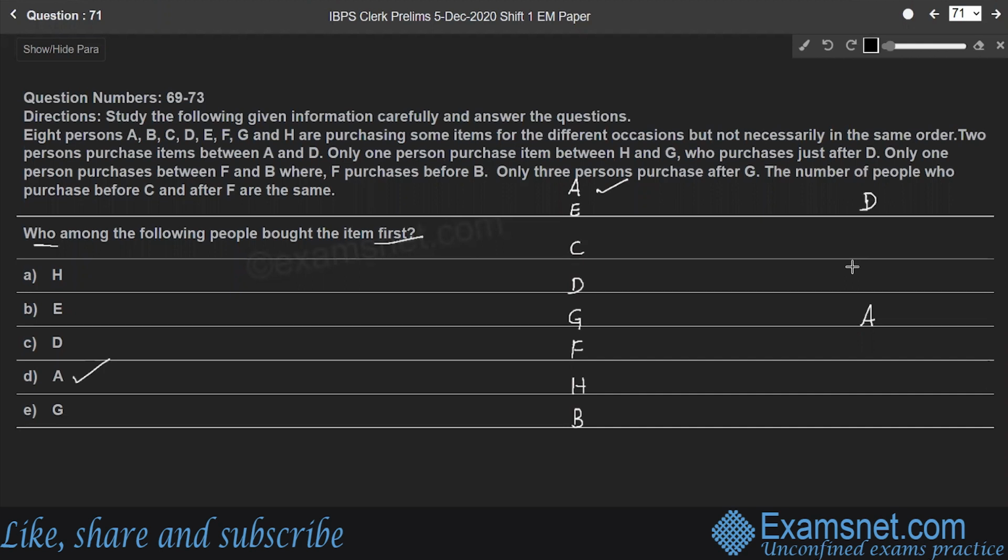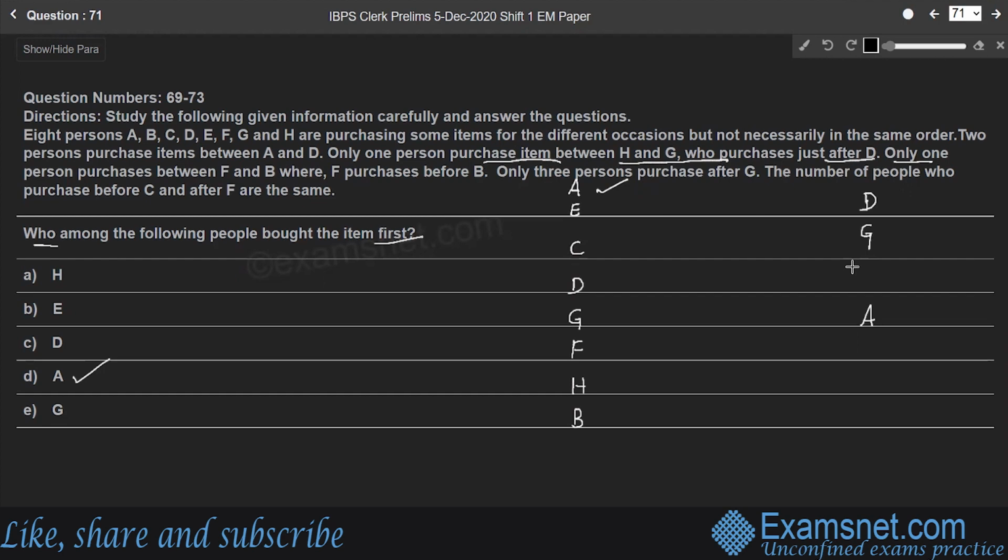So here, according to the question, only one person purchases item between H and G who purchases just after D. Then position of G becomes here after D. And the remaining things, only one person purchases item between F and B. So here B and F position also will get altered.